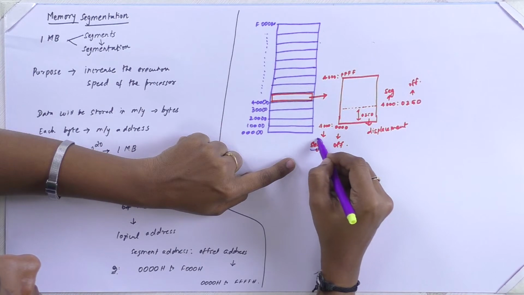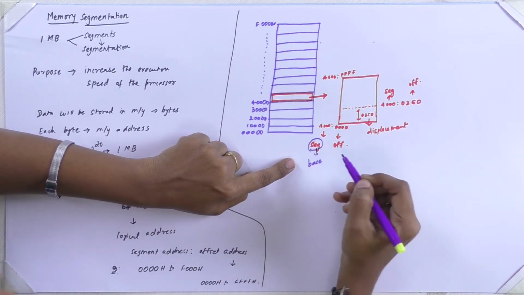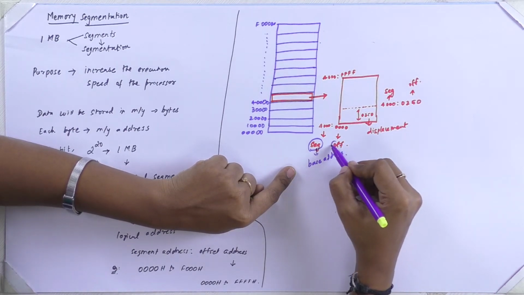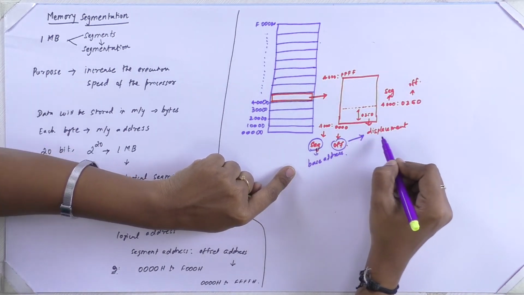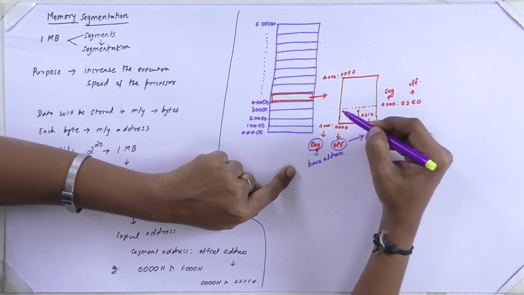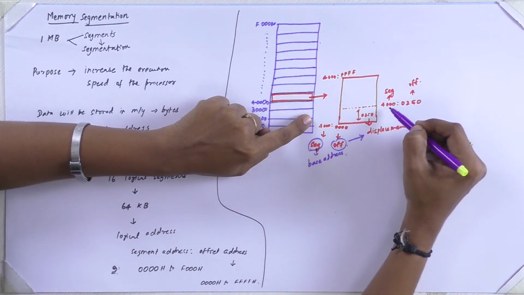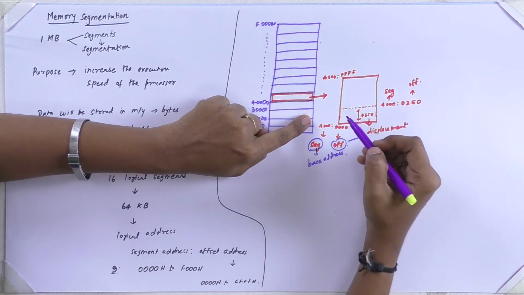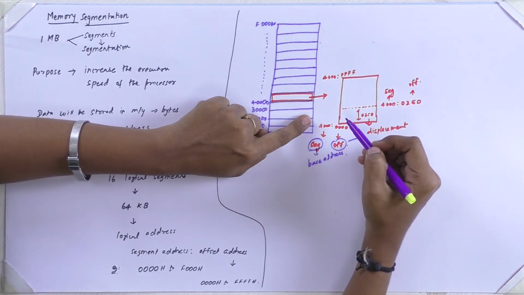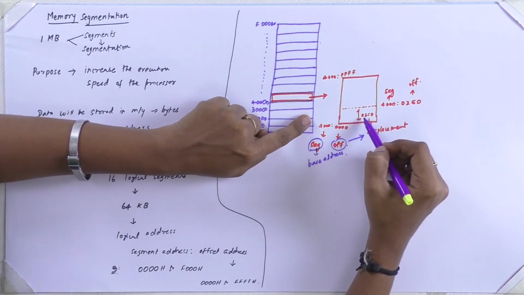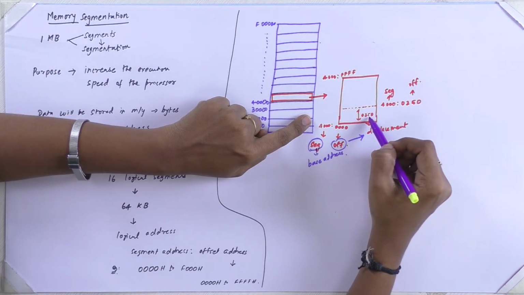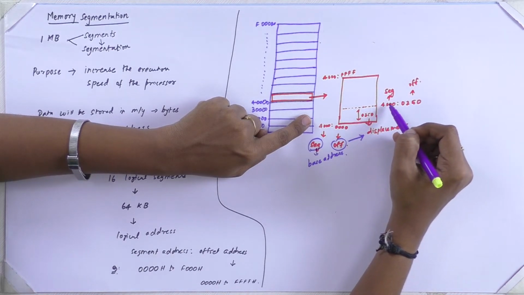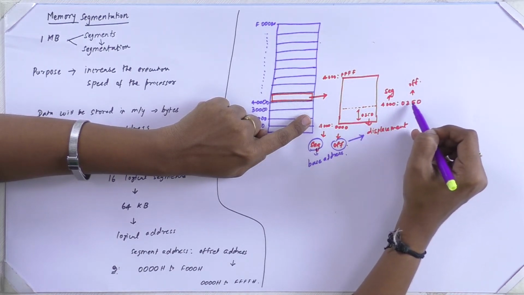The segment address refers to the base address of any segment, and the offset address refers to the displacement value from the base address to the memory location where the actual data is residing. Suppose the data required by the processor is residing at the memory location 0250, then this is the displacement value, and we can take the logical address as 4000 : 0250.